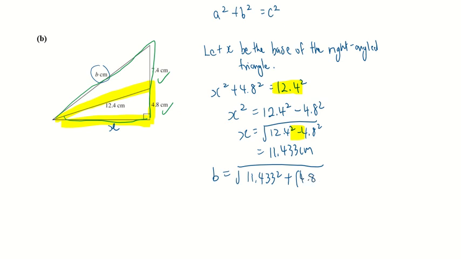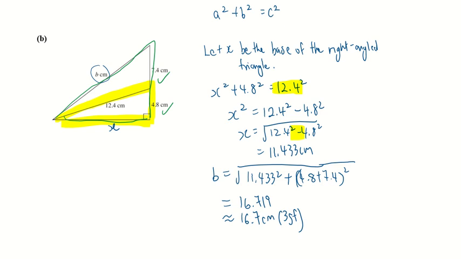So I can add them up, put a bracket, and then I square it. Then I press the calculator, I'll get 16.719, and I round off to 16.7 cm, 3SF.